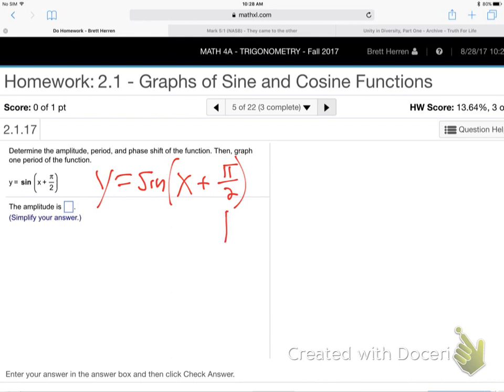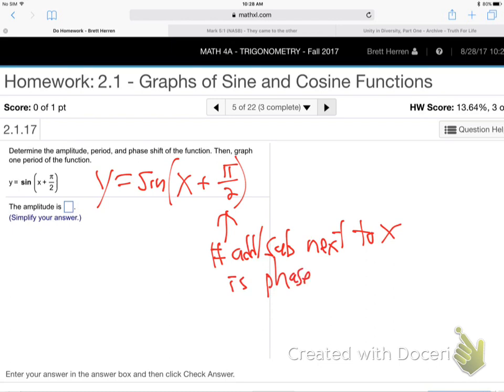Okay, so this is a number. Let's just say, yeah, it is a number. A number added or subtracted next to x is a phase shift.